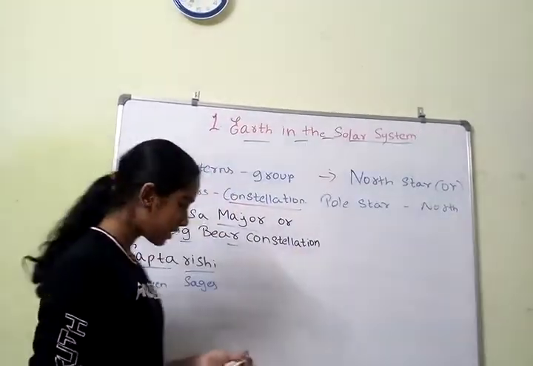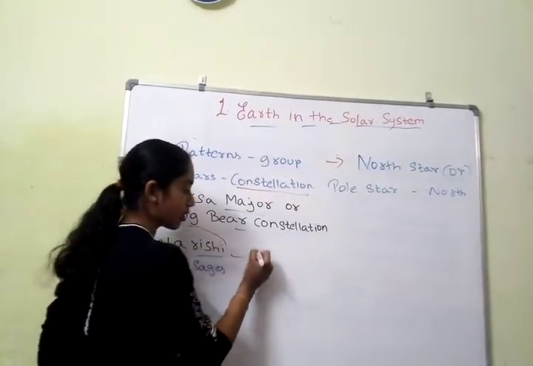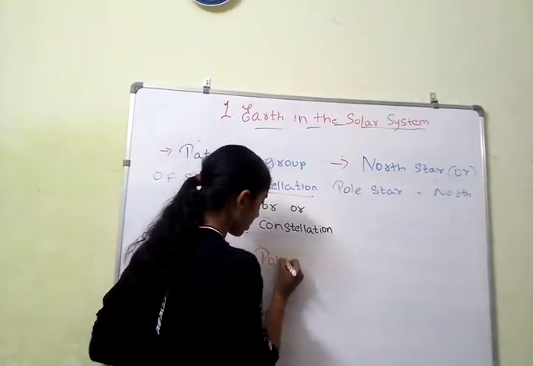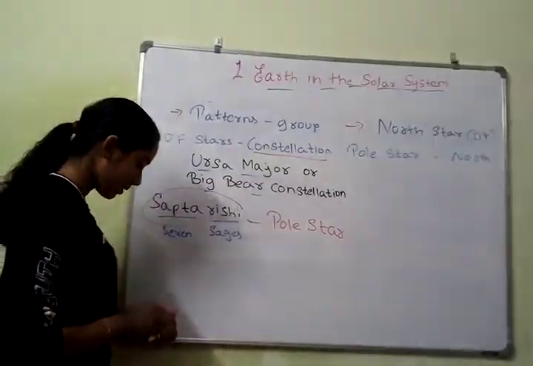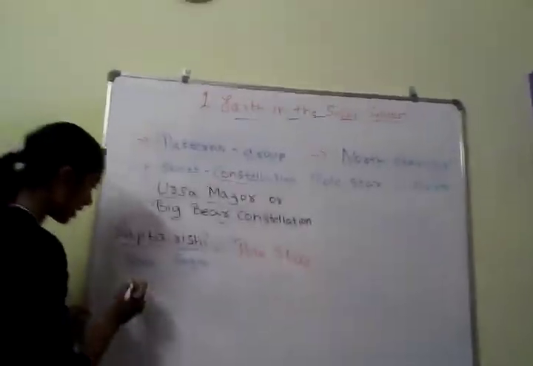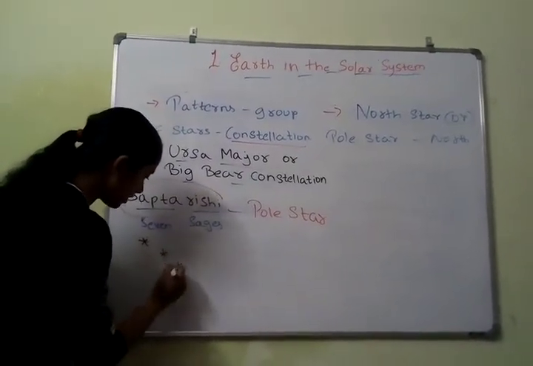With the help of the Saptarishi, you can locate the North Star or the pole star. How? Let's imagine in the sky, these are some of the stars.